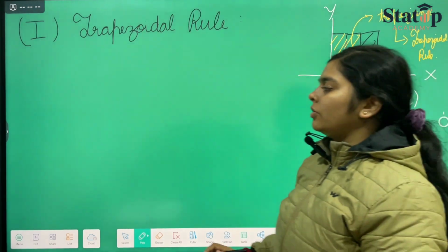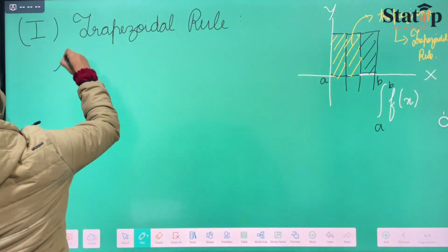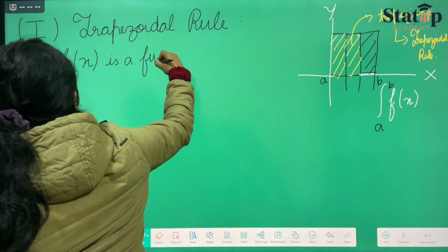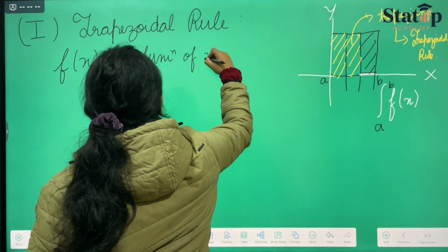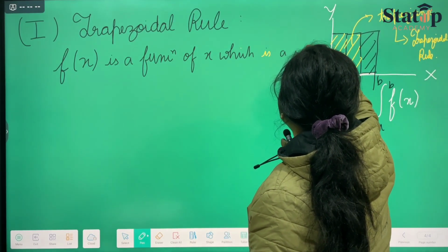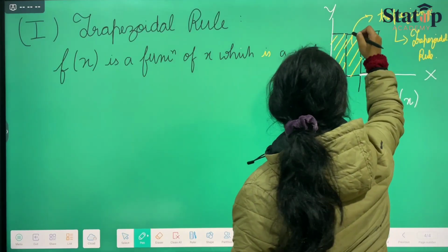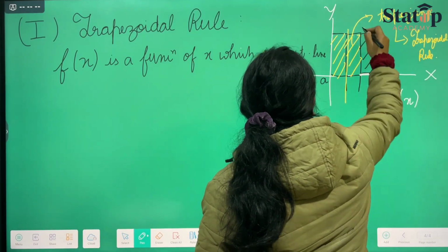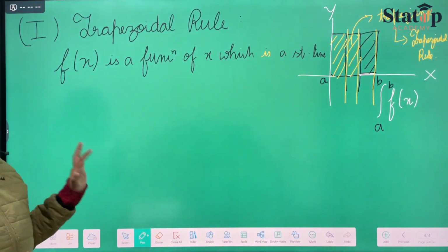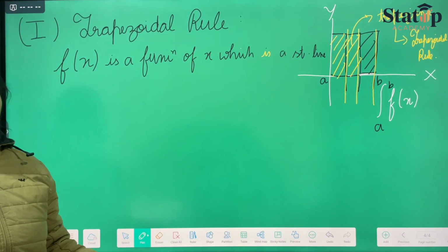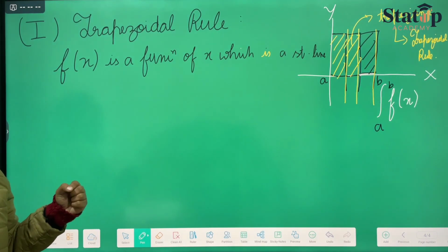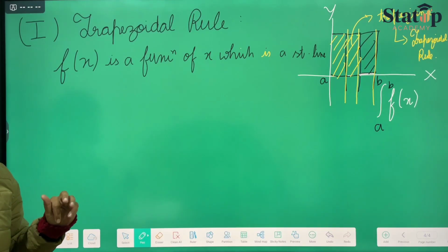Here f(x) is a function of x, which is a straight line. That's why we are drawing lines here. We have drawn these lines because it is a function of straight line. It has also been asked that the trapezoidal rule applies when the function is a straight line, a curve, or a 3-degree parabola, whatever. So this is also an important point.